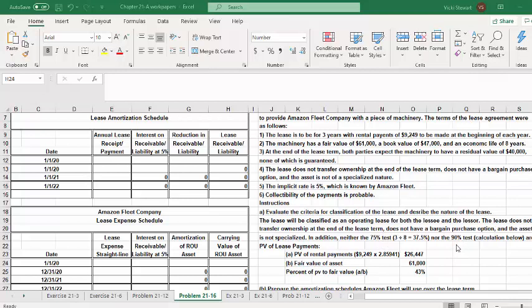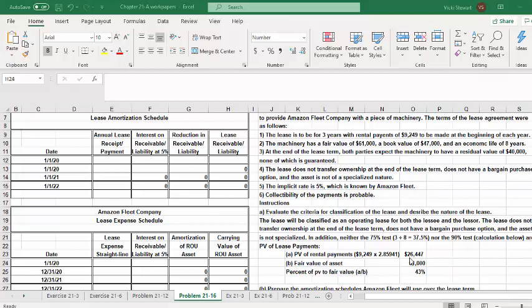To determine the 90% test, we first look at the present value of the rental payments. We take $9,249 and multiply that by a factor based on 3 years and an interest rate of 5% for an annuity due, and that factor is 2.85941.